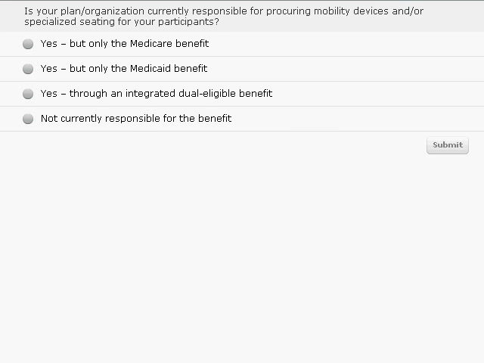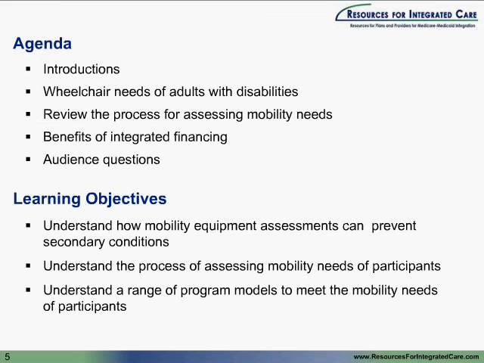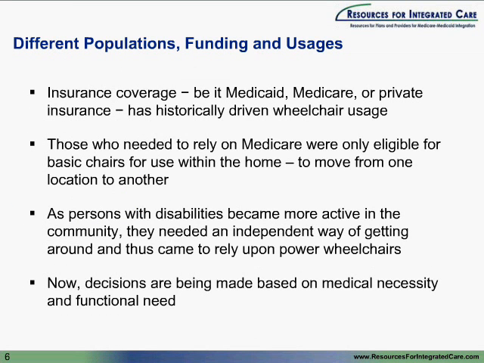Today we're exploring disability competent practices related to mobility and seating assessments and procuring equipment. Our presenter will provide information about both the need for and the provision of mobility assessments and to help prepare you to meet the mobility needs of your participants so that they can live their lives as they choose. As this slide shows, different individuals have different needs and rely on equipment in different ways.